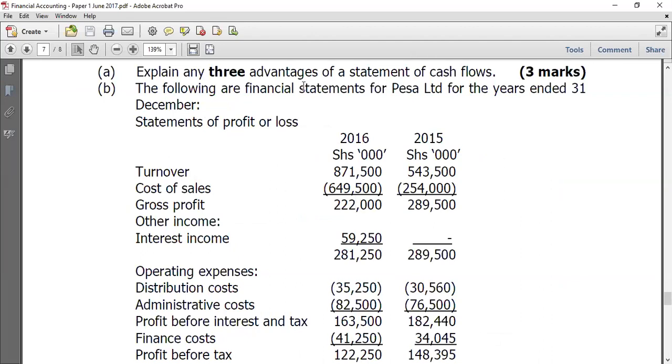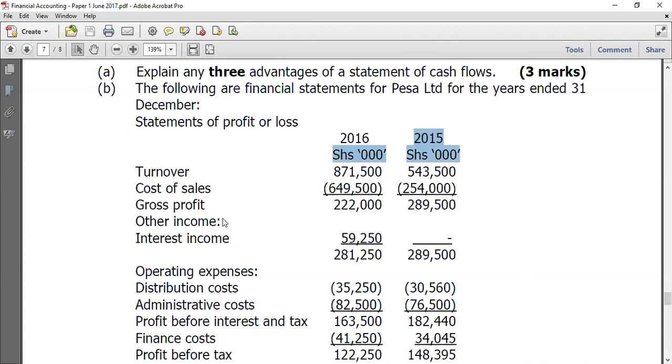This is how the question usually looks like. So we have our 2016 and then our 2015. In most cases, when you're doing a question on cash flow statement, they will bring you financial statements of 2 years, okay? They'll bring you financial statements of 2 years. So like the way we are seeing, we have 2016 and 2015, okay?